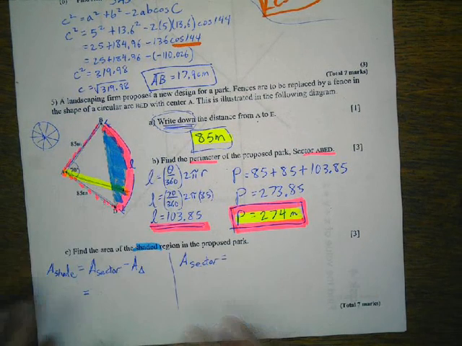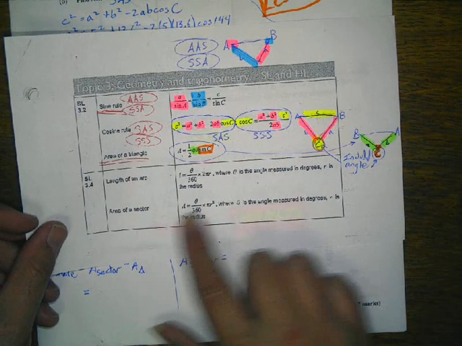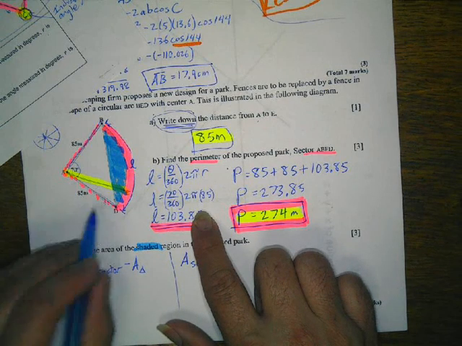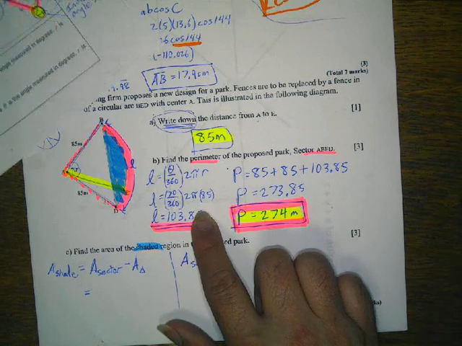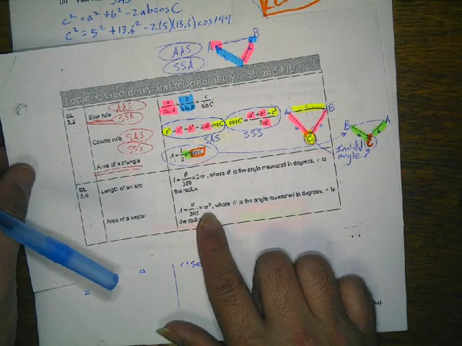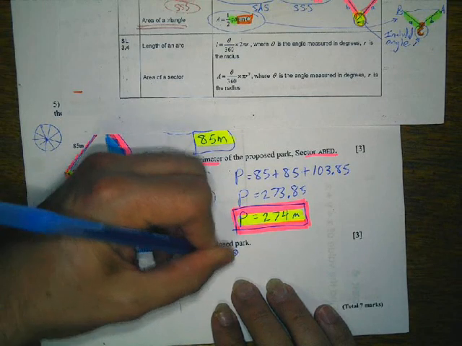So the area of the sector is equal to, I'm going to use this formula here, area of the sector. Okay, we know the angle here is 70 degrees. We know the radius is 85 squared.